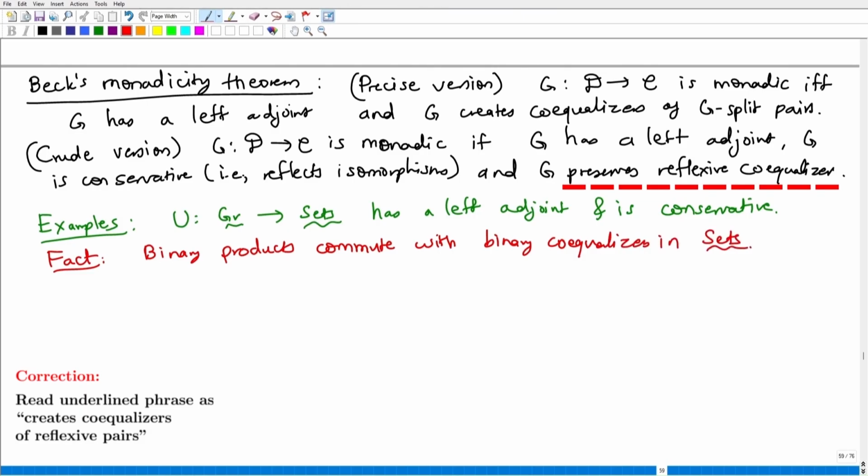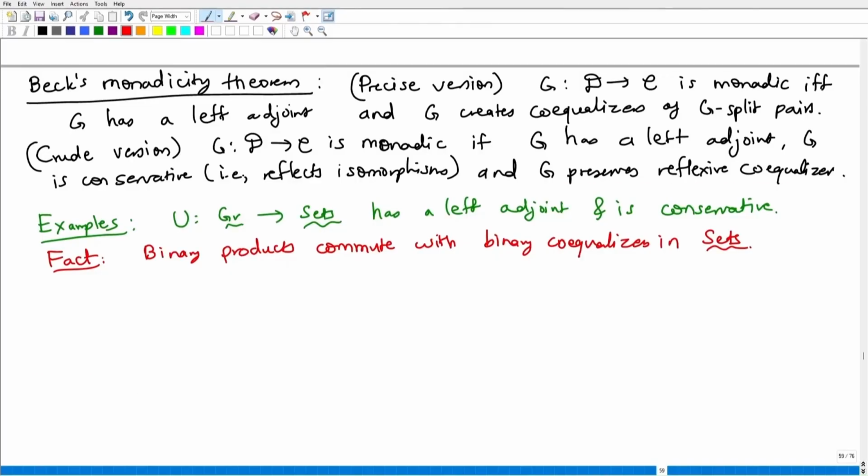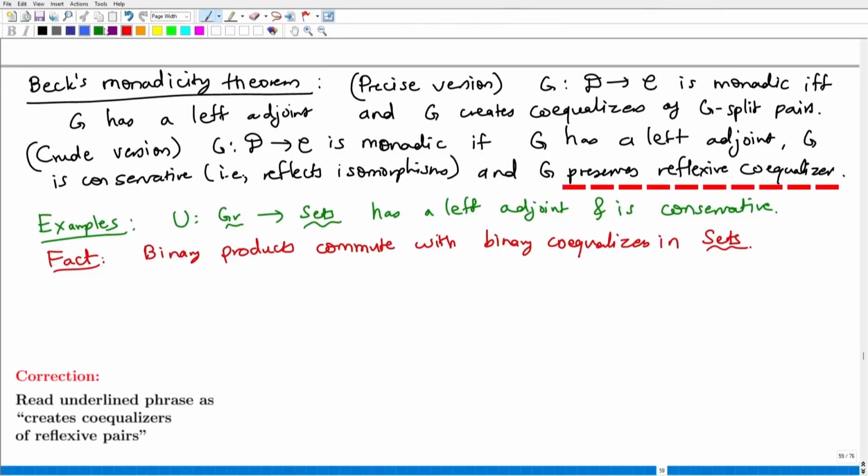You remember we talked about commutation of limits and colimits with each other, and we also used some word, a doctrine, logical doctrine, like what commutes with what. So this is again a fact, just like we know that finite limits commute with filtered colimits in the category of sets. So binary products commute with binary coequalizers. If we know that, then how can we use it?